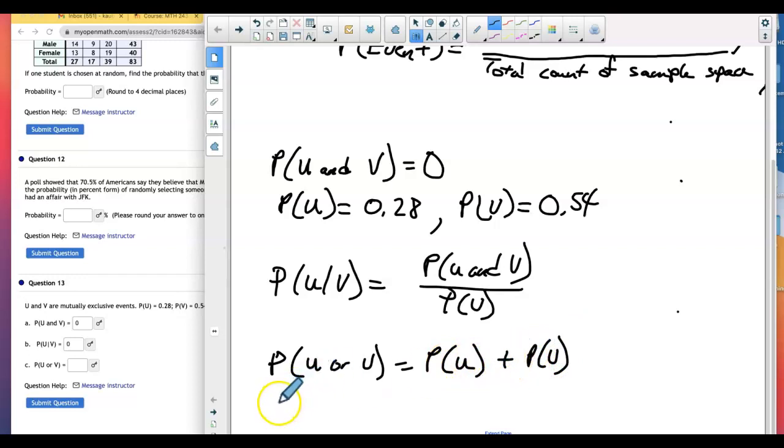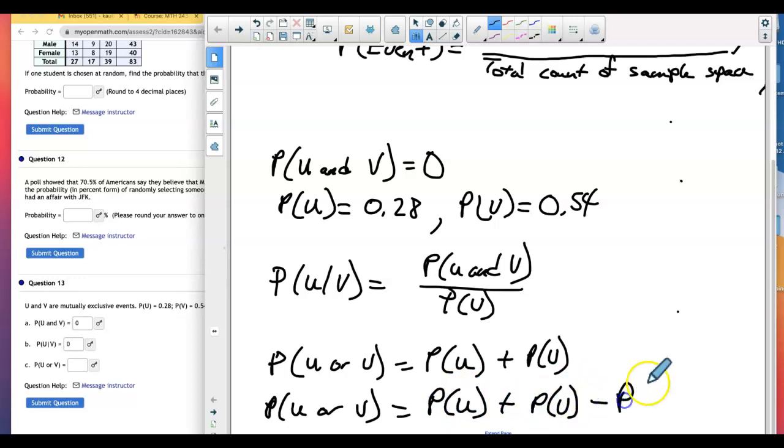If it's not mutually exclusive, then the probability of U or V is given by the probability of U plus the probability of V minus the probability of U and V. So this is given if it's not mutually exclusive. If it's mutually exclusive, this is 0, so it doesn't matter. Okay, so we're just going to add these two probabilities together to get our answer here. So that's 0.82 for this one.